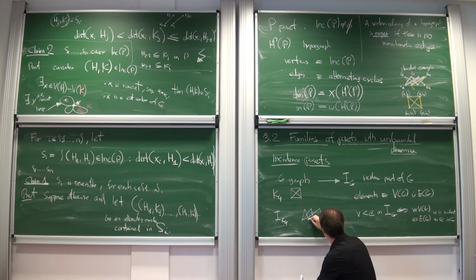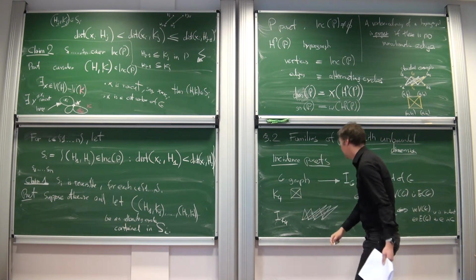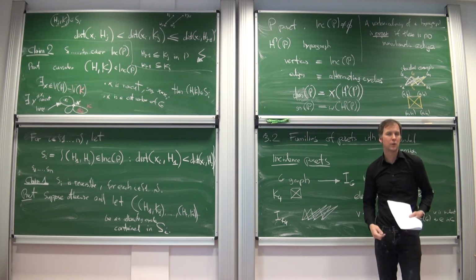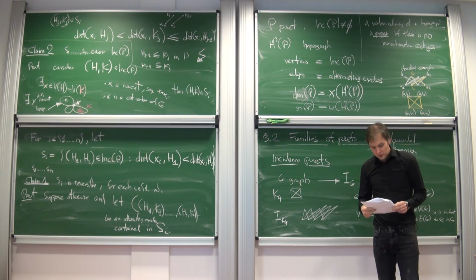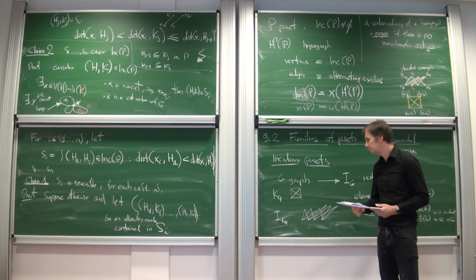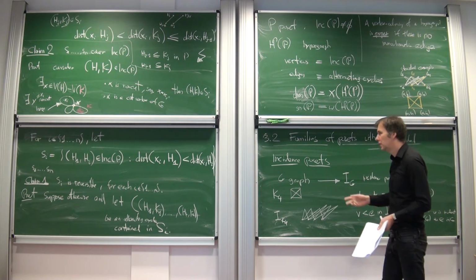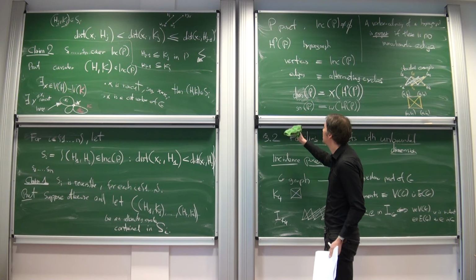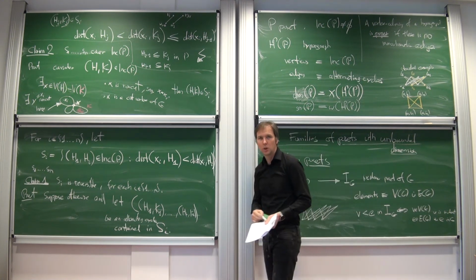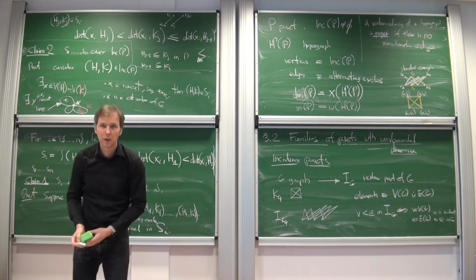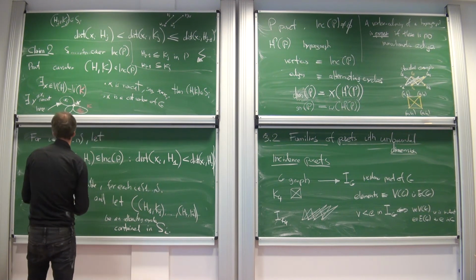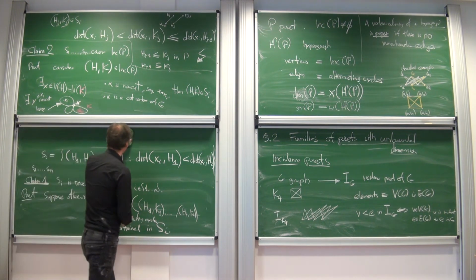And then we have an edge here, and we have an edge here, right? That's the incidence poset of K4. So it turns out that the dimension of these incidence posets of K_n grows when n grows, and this is the subject of our next proposition.